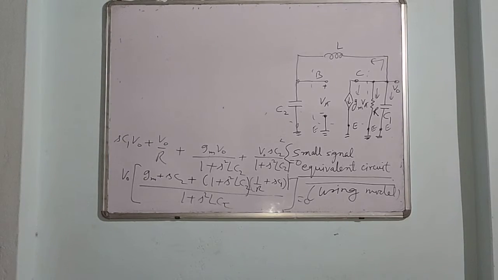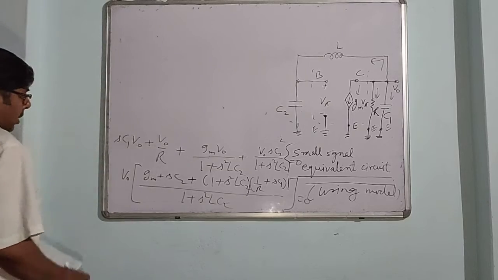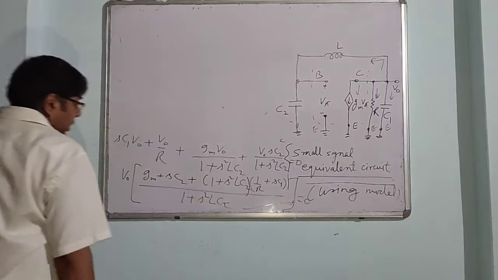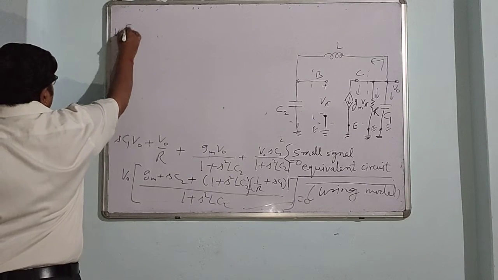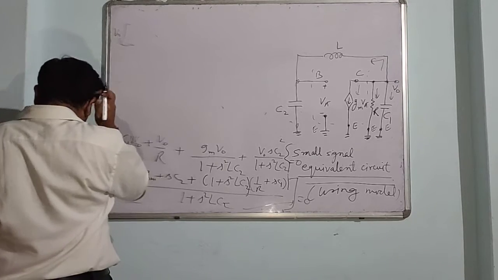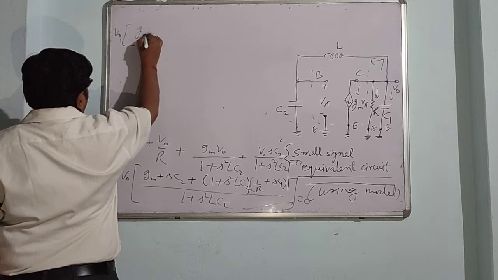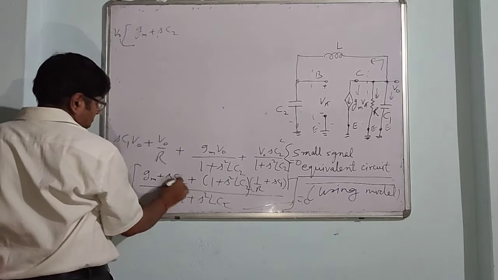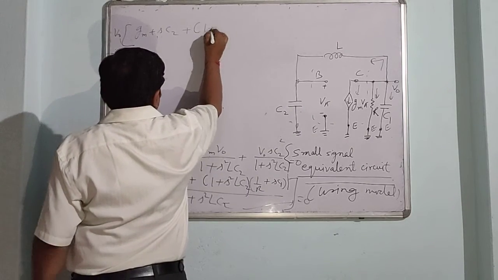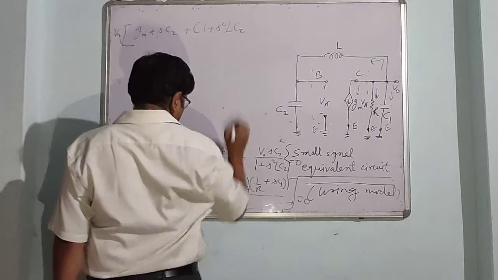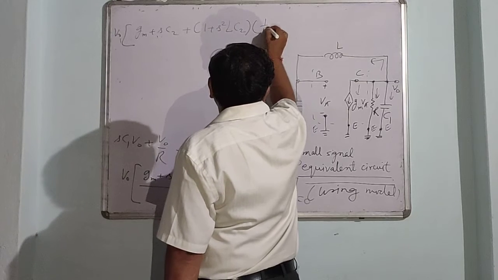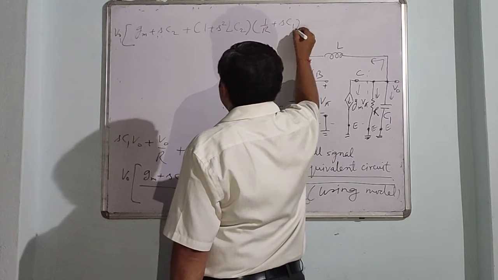From here you can see, since this is equal to 0, when you multiply this, you will get V naught into, in numerator you have Gm plus Sc2, these two terms plus this one, plus 1 plus S square Lc2, this one, into 1 upon R plus Sc1.